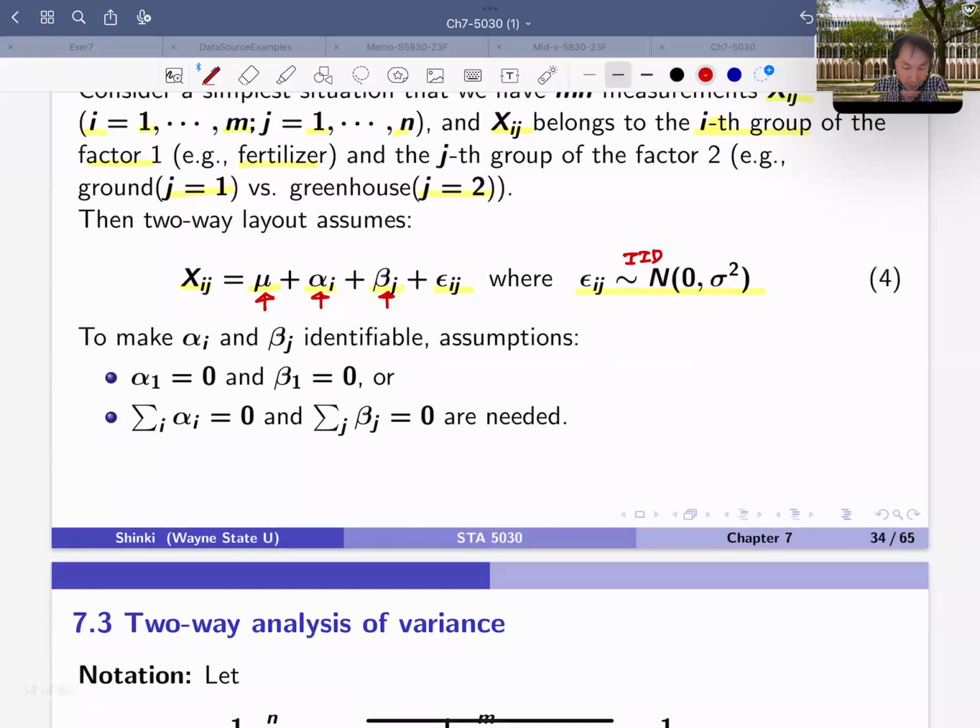So usually we assume alpha 1 is equal to 0 and beta 1 is equal to 0. The two make the first group the baseline.